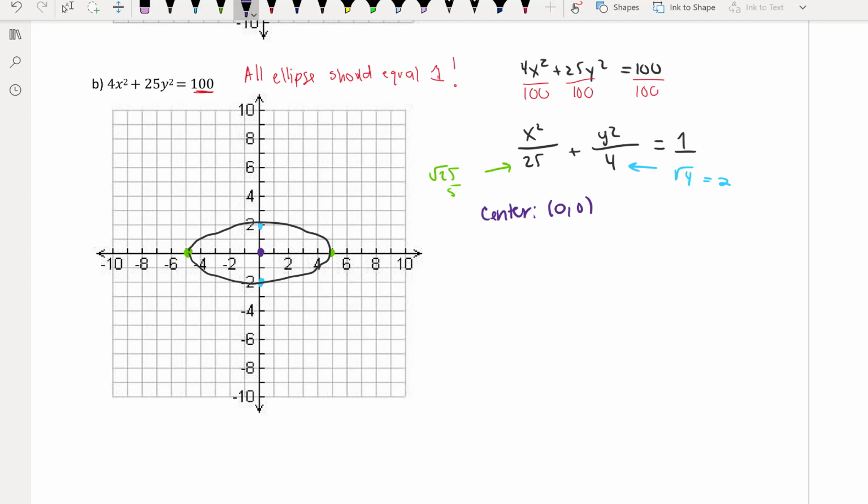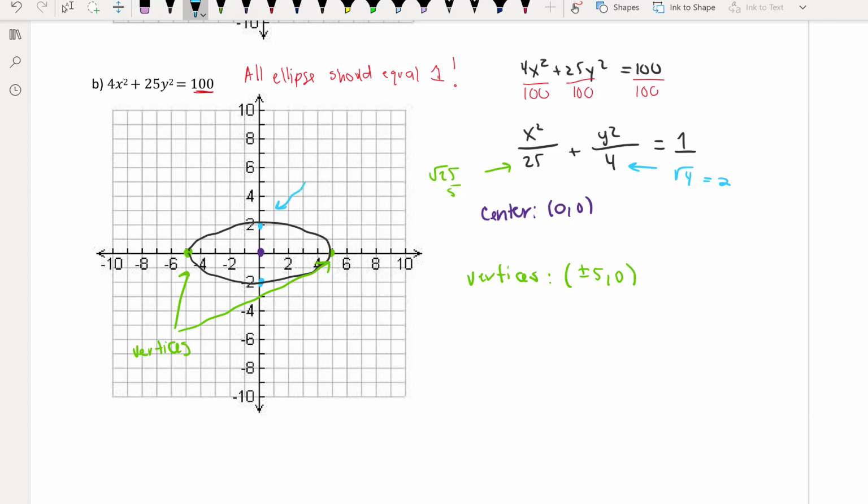So remember, wherever it's longest is going to be your vertices. So here and here are your vertices. So I can say that my vertices are going to be plus or minus 5, 0.